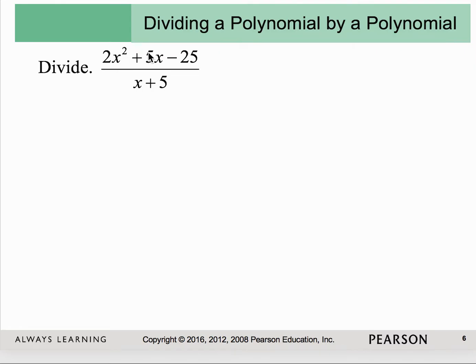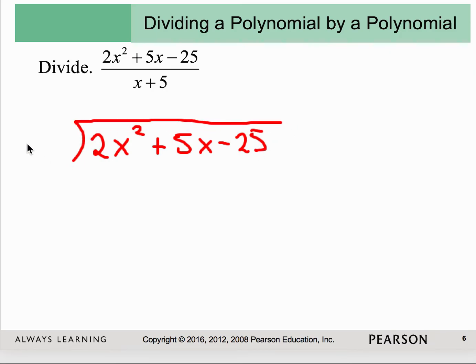So 2, 1, 0, 1, 0. Check each one individually. So I'm good with that, right? It's got to go from the biggest down to 0 with nothing missing. So then if that's the case, I can put it in my division bracket and do those same steps we were just talking about.